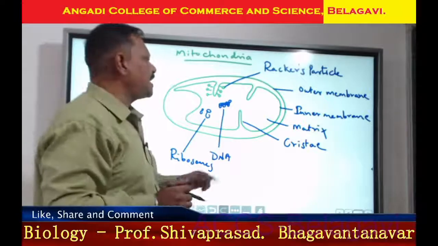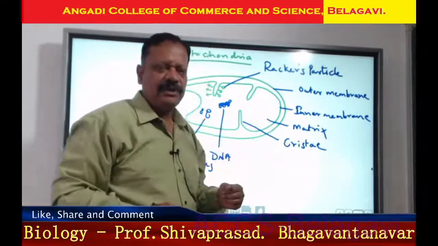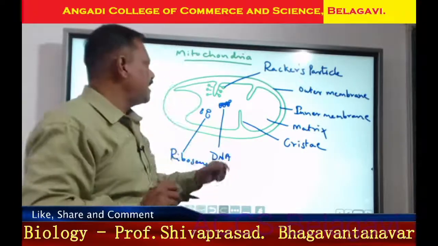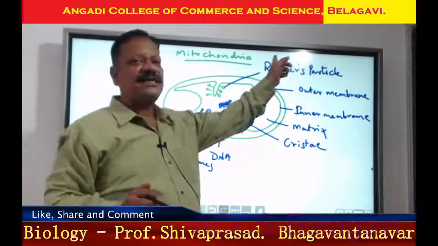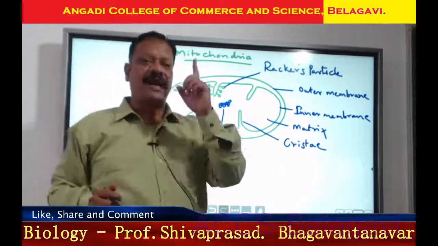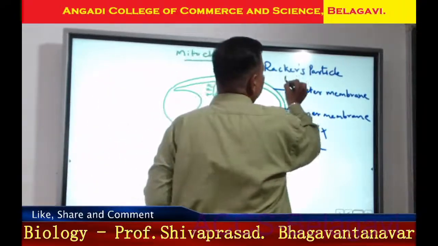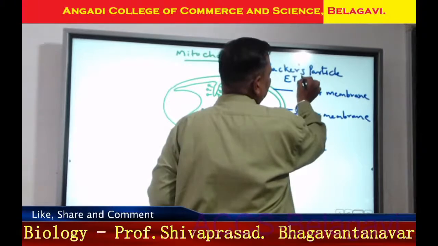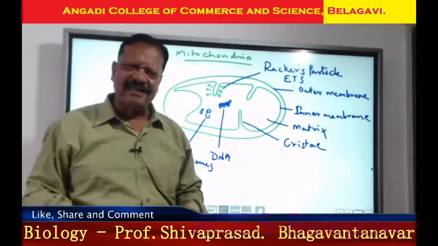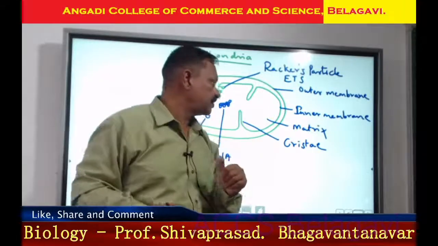These finger-like projections are called cristae. Each crista, when you observe it, contains many Racker's particles. These are also called F1 particles, where the electron transport system, ETS, is taking place and energy is released.